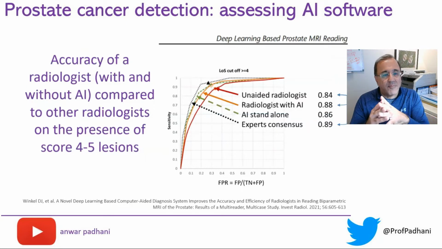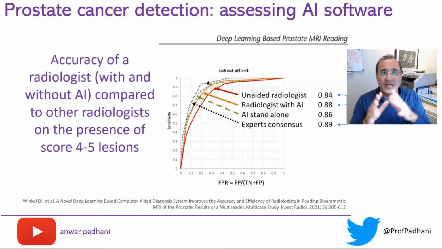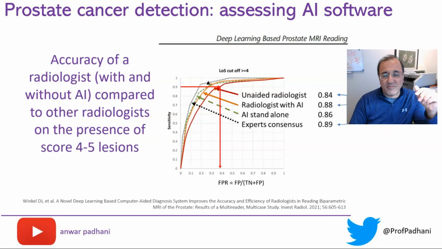So is AI able to help you exclude patients who are unlikely to have clinically significant disease? So here is some recent data looking at the accuracy of radiologists compared to their peers for the detection of PIRADS 4 and 5 lesions. What you'll notice is that an unaided radiologist at a 90% sensitivity will have about a 38% false positive rate.